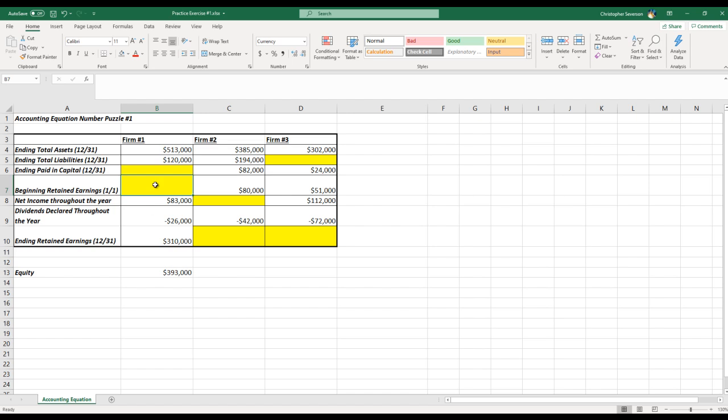Anytime you're needing to back into a number, in other words, you know the ending number and you're missing one of the components before that, the easiest way to formulate that equation is to grab the ending number and reverse or subtract the other two numbers. I do want to mention that'll only work if dividends were already entered as a negative because they have a negative impact.